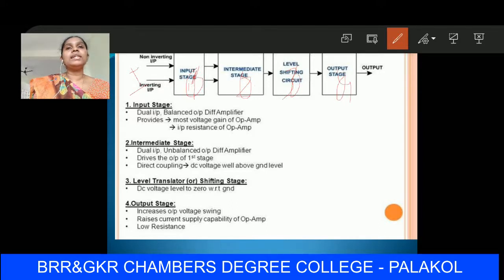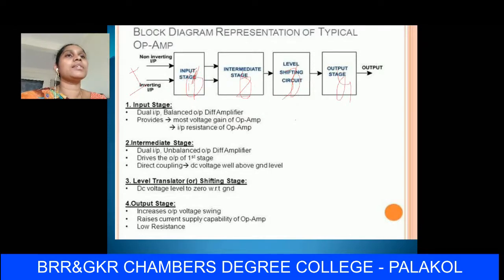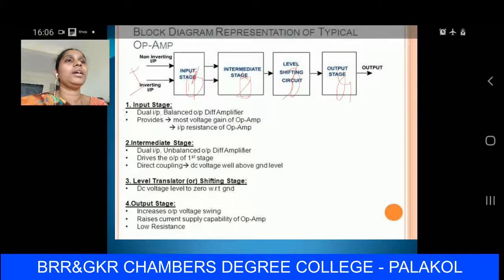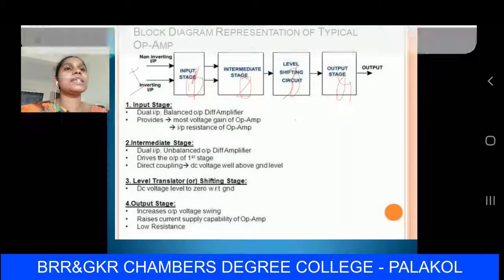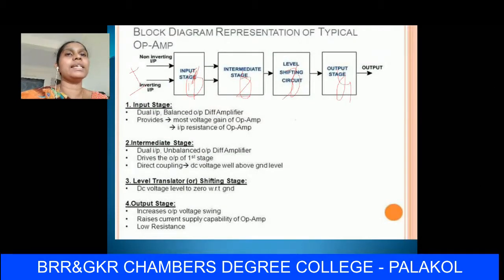That means in the intermediate stage the DC voltage is also added. Okay, so DC means here the signal is like this. So this DC level is added in the intermediate stage.